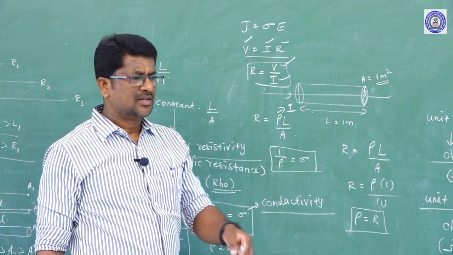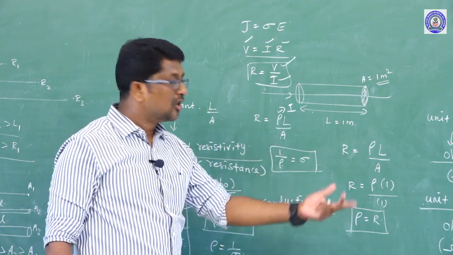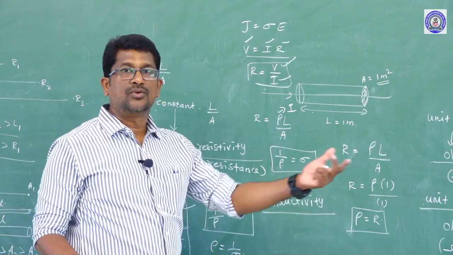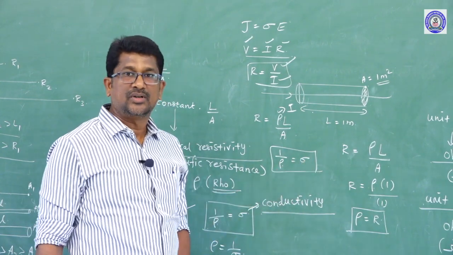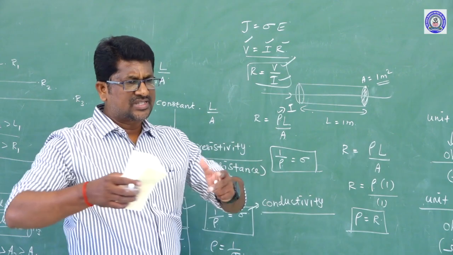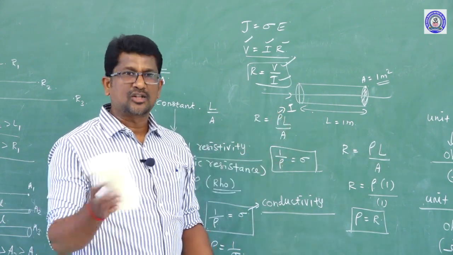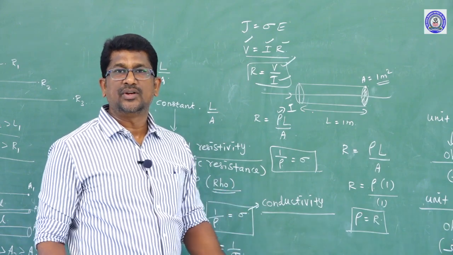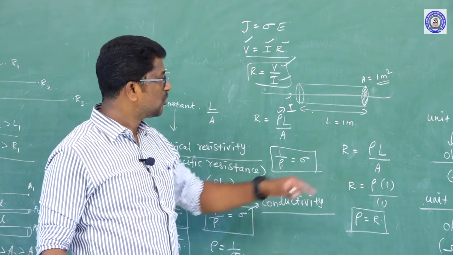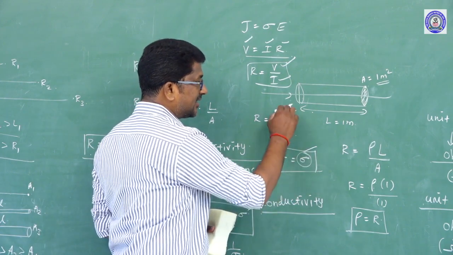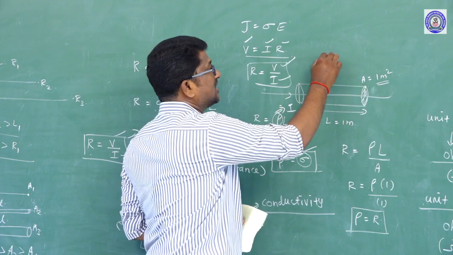Nature of the material means copper, aluminum, iron. For copper, there is one value of electrical resistivity and conductivity. For the same length and same area of cross section, for different materials, their resistivity and conductivity values change, right. And one more thing, the electrical resistivity and the electrical conductivity also depend on temperature.